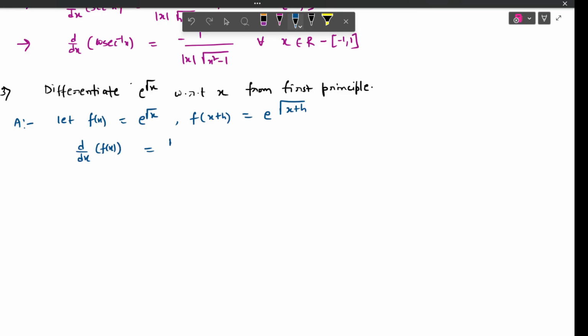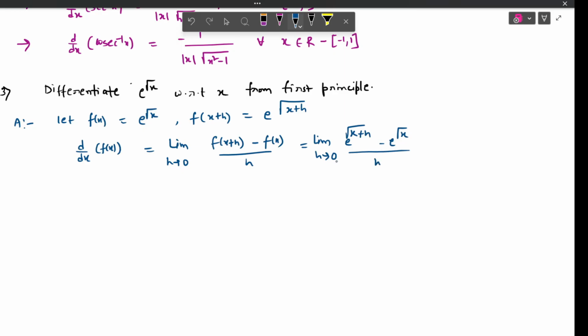Now we know the basic definition of differentiation, that is limit h tends to 0 f of x plus h minus f of x by h, right? So limit h tends to 0 e to the power root under x plus h minus e to the power root x by h.